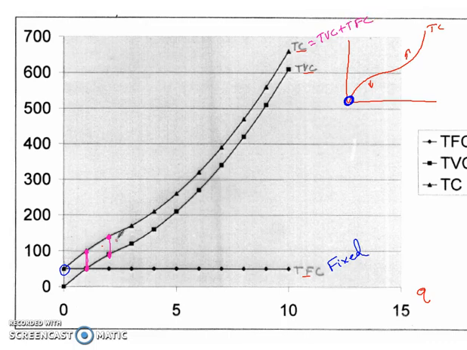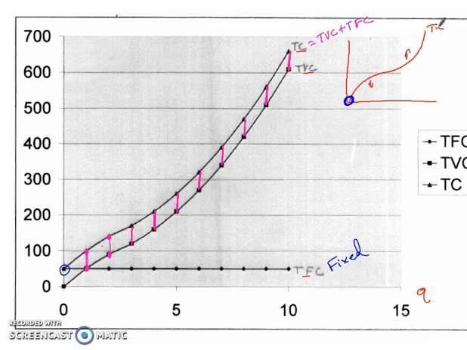And so the difference between those two is always going to be the fixed cost. So the fixed cost, which is 50, is going to be the vertical distance in between the total cost and the total variable cost. Every single one of these is going to be the fixed cost. This is going to be 50, this is 50, this is 50, this is 50, and so on. So that's what these curves are always going to look like.